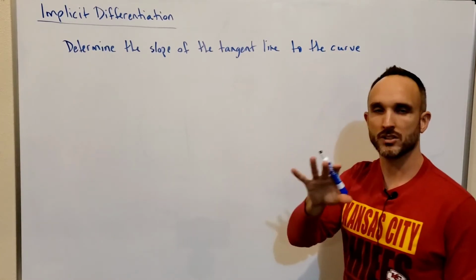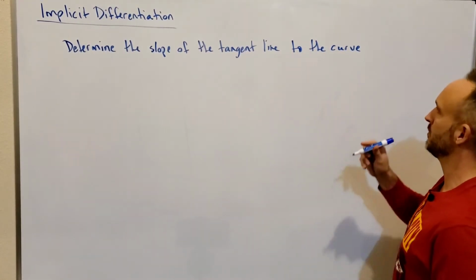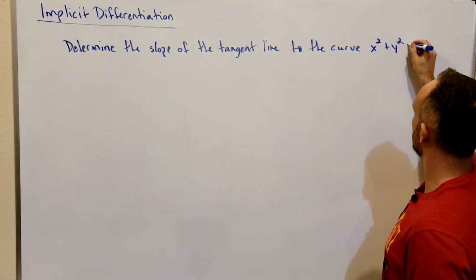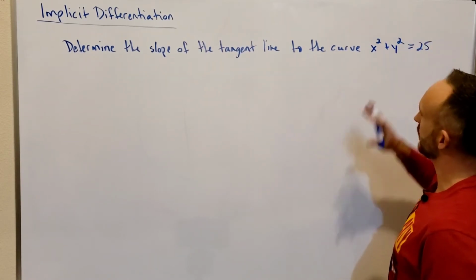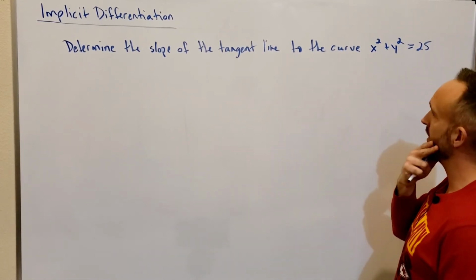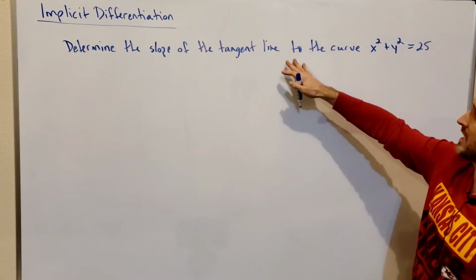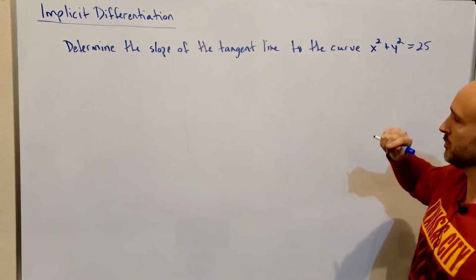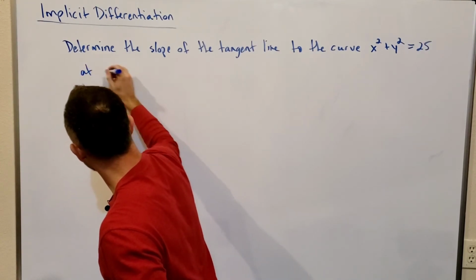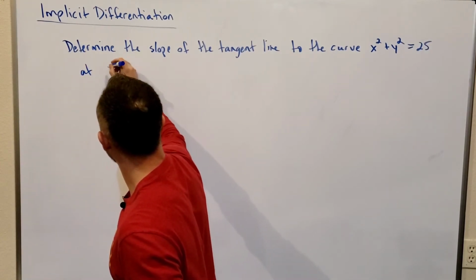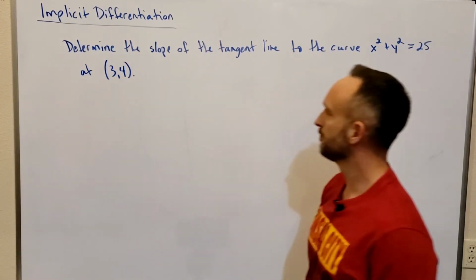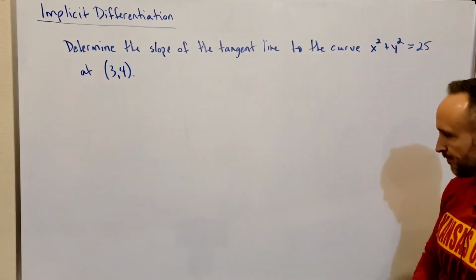So if you recall the equation of the circle that I mentioned earlier might be x squared plus y squared equals 25. Keep it very simple. Again, this is called an implicit equation, okay? So I want to know the slope of the tangent line to this curve, which is the circle I drew earlier. And let's name a point. Let's say we want to know the slope of the line at the point 3, 4. Okay? At the point 3, 4.